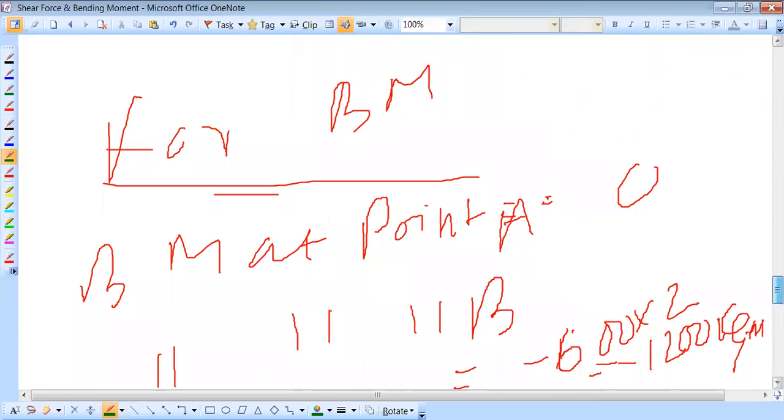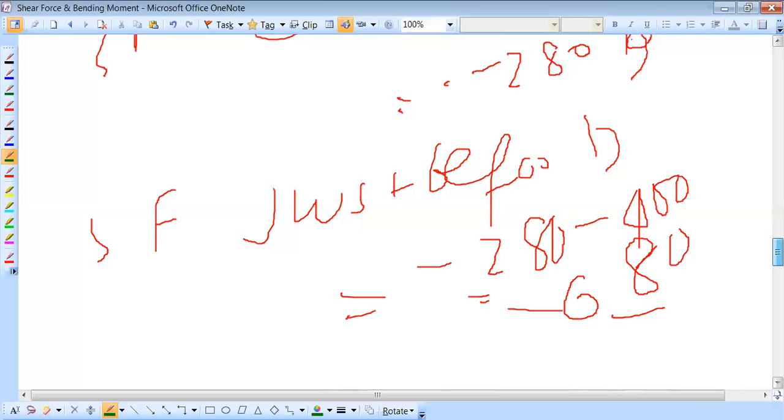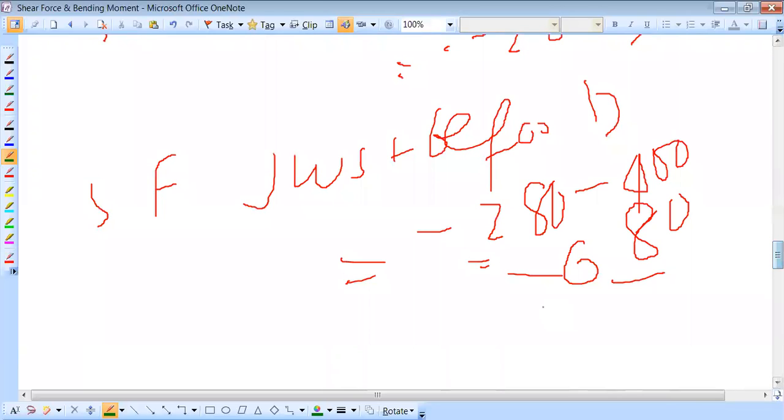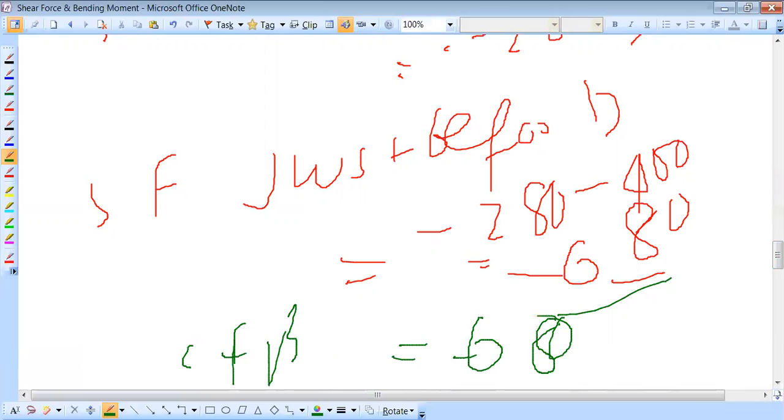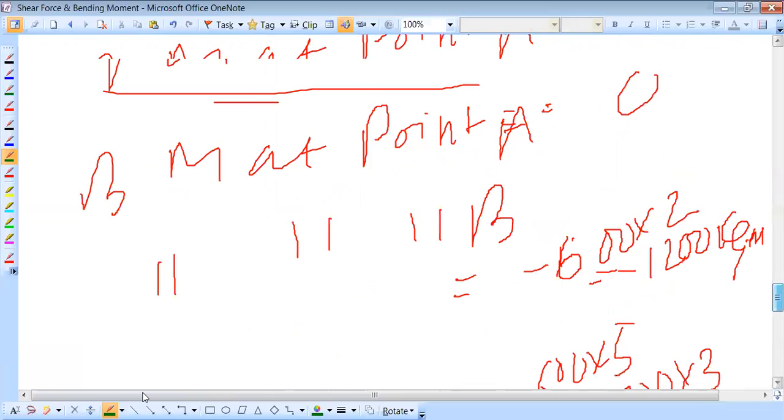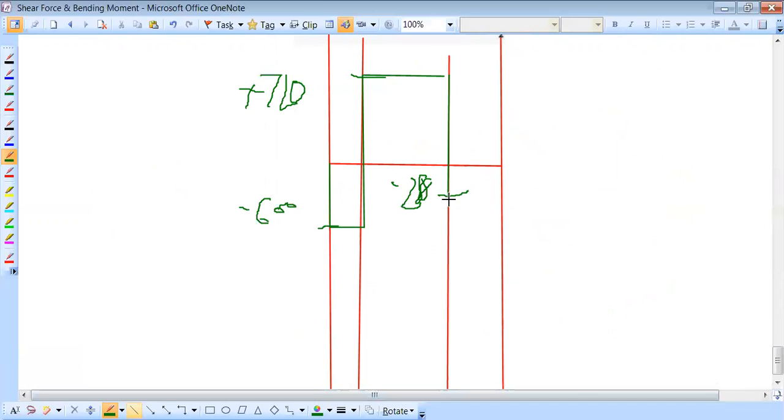Just before D is also minus 680, as we already found out, negative sign. So minus 680. So we can take a straight line from here to here, with the minus of 680.